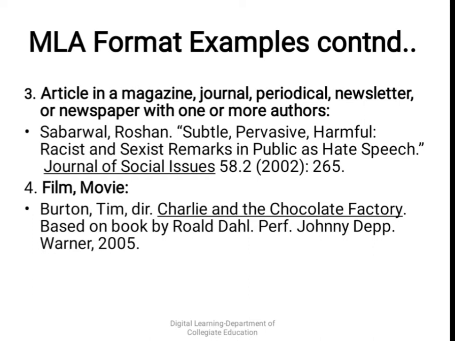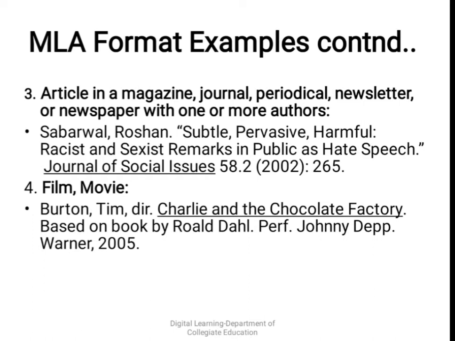If it is a film or a movie, then how do you prepare the citation? It is like this. Burton, Tim, that is surname first and name next. You will mention it just like the editor. Here, because it's a movie, you will write in small letters dir., which means director.